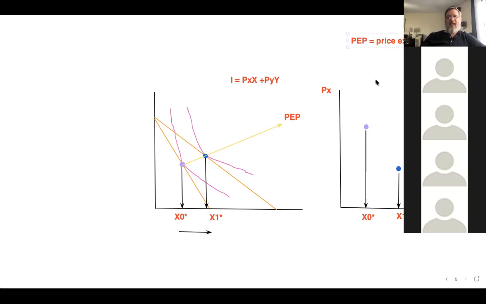The price expansion path has exactly all of the information that you need to construct a demand curve. So that's why we're doing this, so you understand where demand comes from.